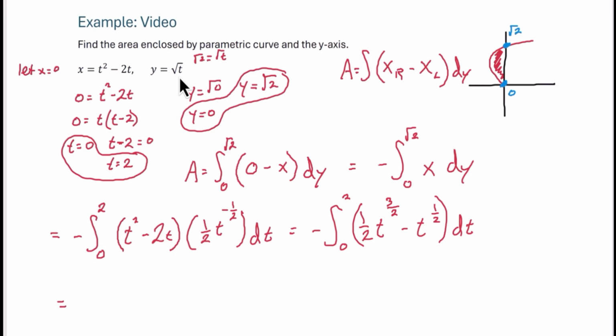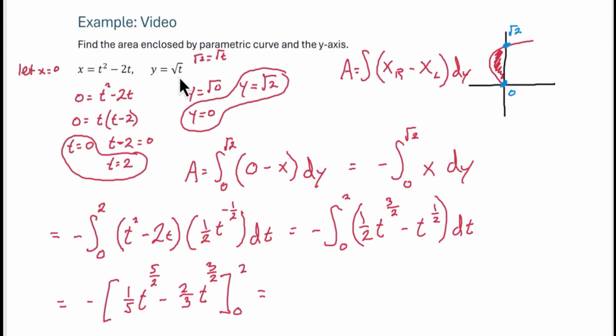We'll get negative 1/5 t to the 5/2 minus 2/3 t to the 3/2, and limits of integration 0 to 2.